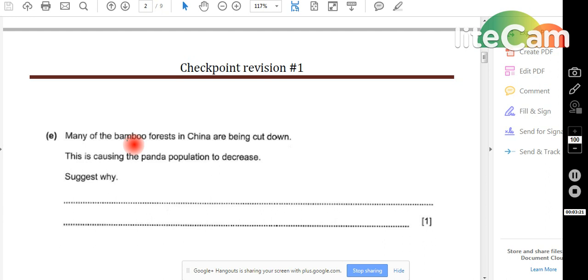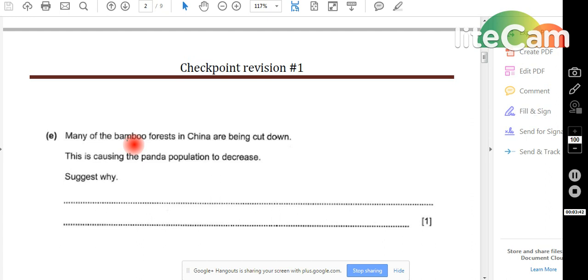And what is a panda? A panda is a type of bear, am I right? Yeah. So the panda lives in these bamboo forests. So it's both food to the panda and what? Habitat. Habitat. Okay. So these bamboo forests are being cut down.